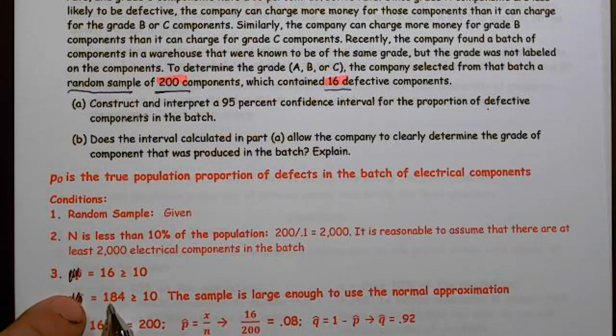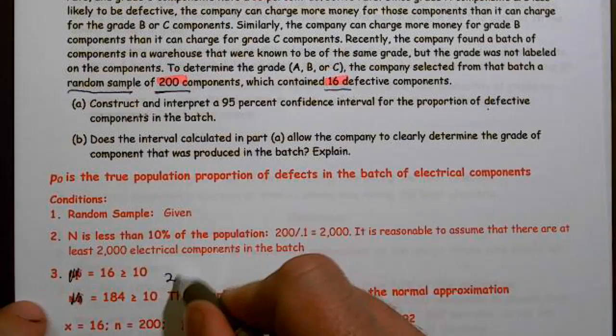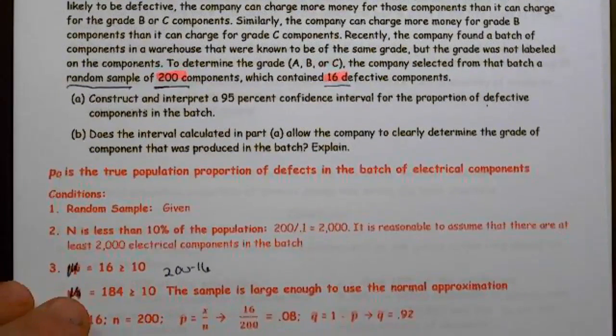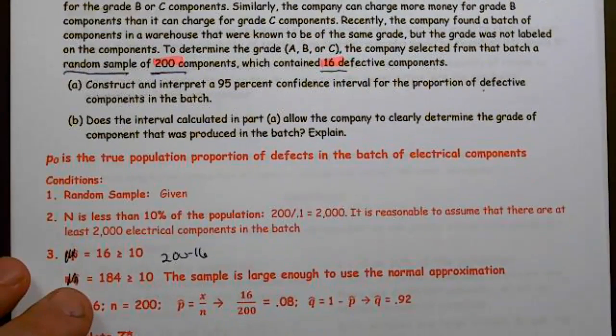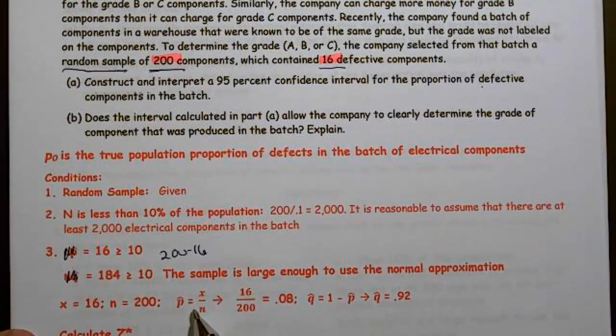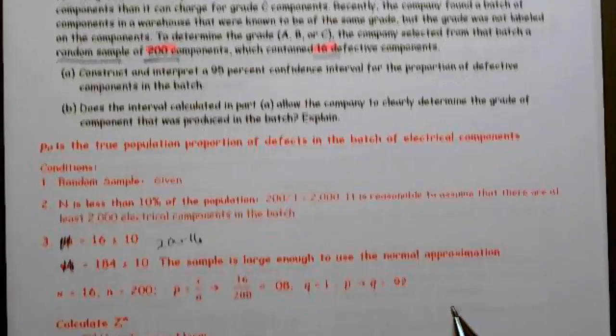And then 184, which was 200 minus 16, was also greater than 10. So the sample is large enough to use the normal approximation, or the distribution of the sample proportions is approximately normal. All right. And we need to know p hat equals 16 over 200, which is 0.08. And q hat is 1 minus that, or 0.92.